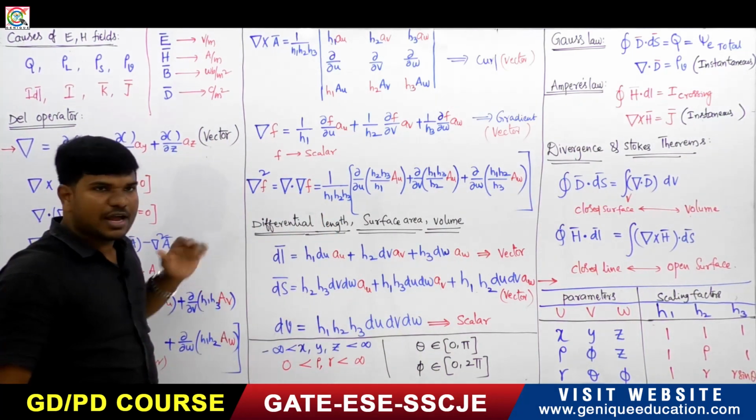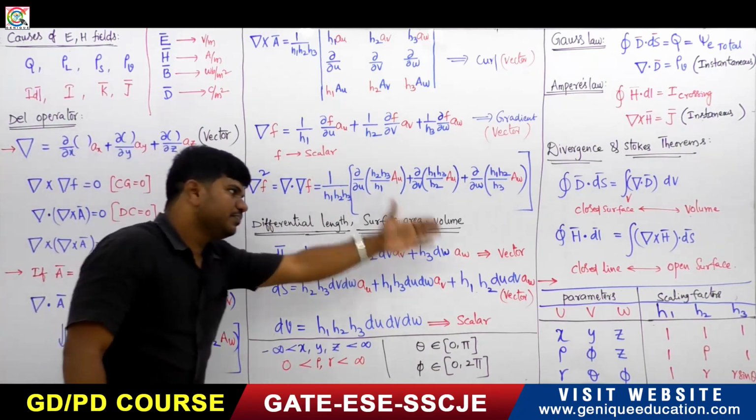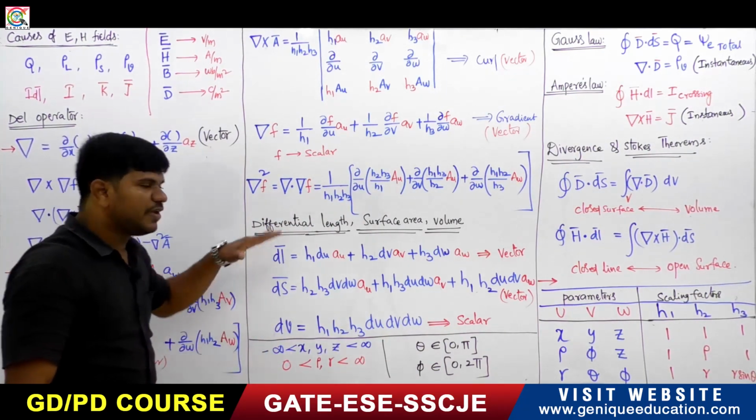Right? So like this, you can find the differential length in any coordinate system. It will be very helpful.